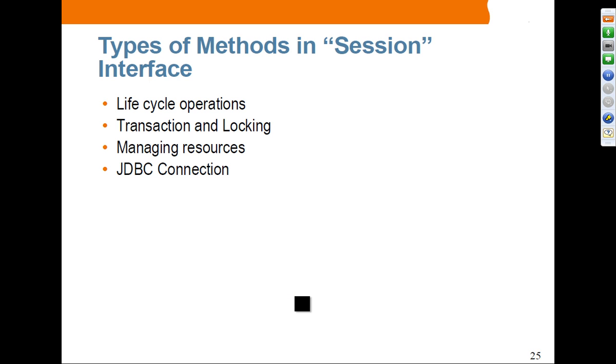The types of methods you can see in the session interface are lifecycle operations, for example save, persist, get, load, merge, and so on. You can also create a transaction object from it, specify locking information, do some management of resources, and create a JDBC connection. But mostly we are going to focus on lifecycle operations in this presentation.